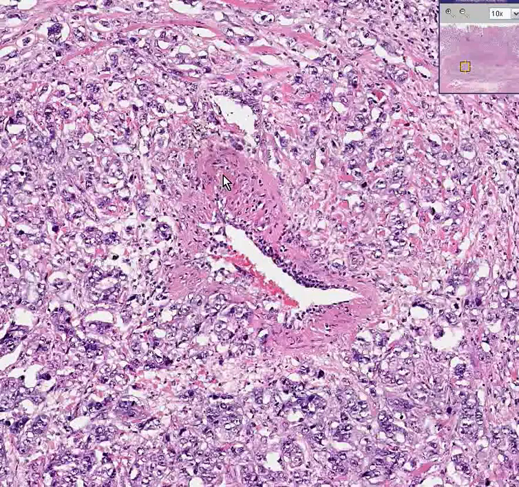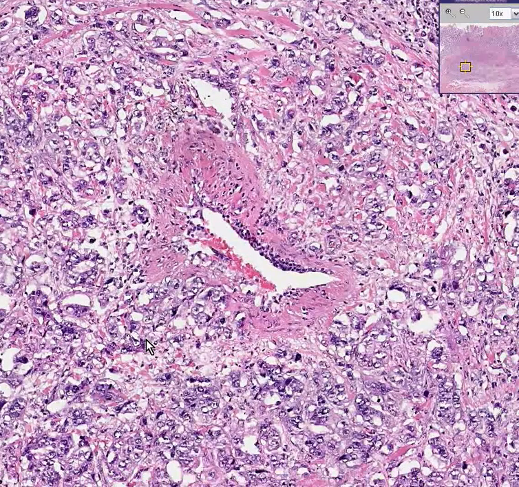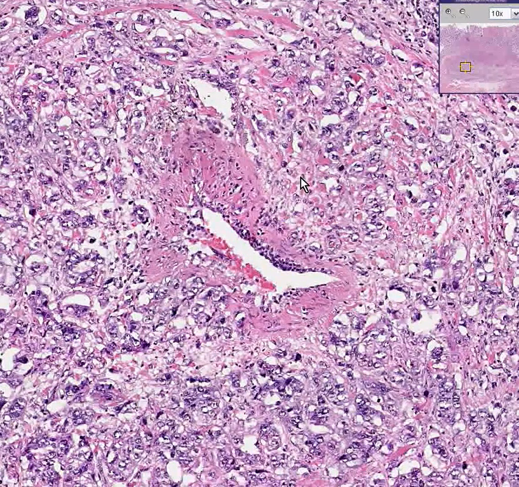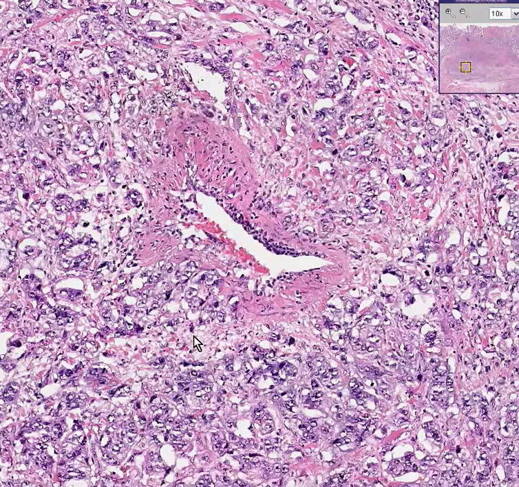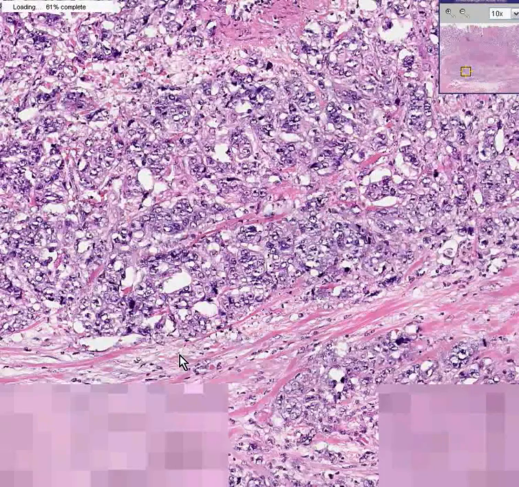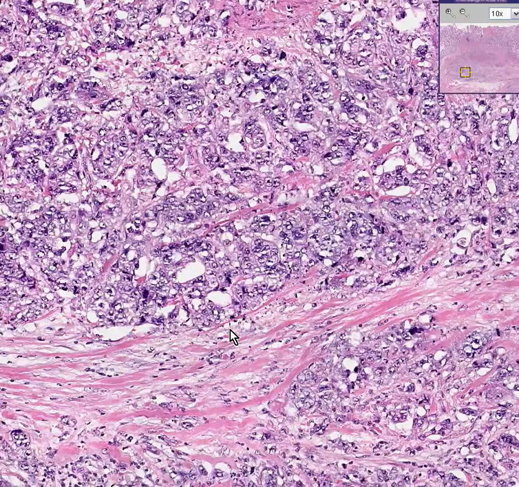Here is an area of necrosis. Whether this was a blood vessel or not, I don't know. It might have been, but it looks to me like it has kind of a fibrinoid necrosis by being invaded from the surrounding tumor cells in all directions. Here's some more smooth muscle that's invaded.